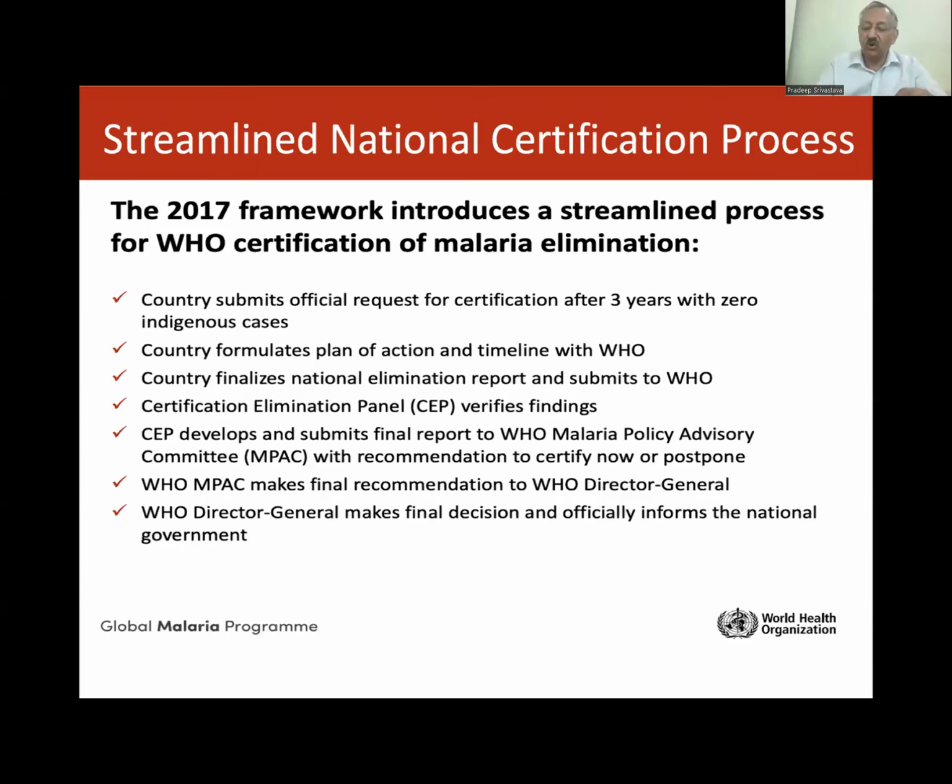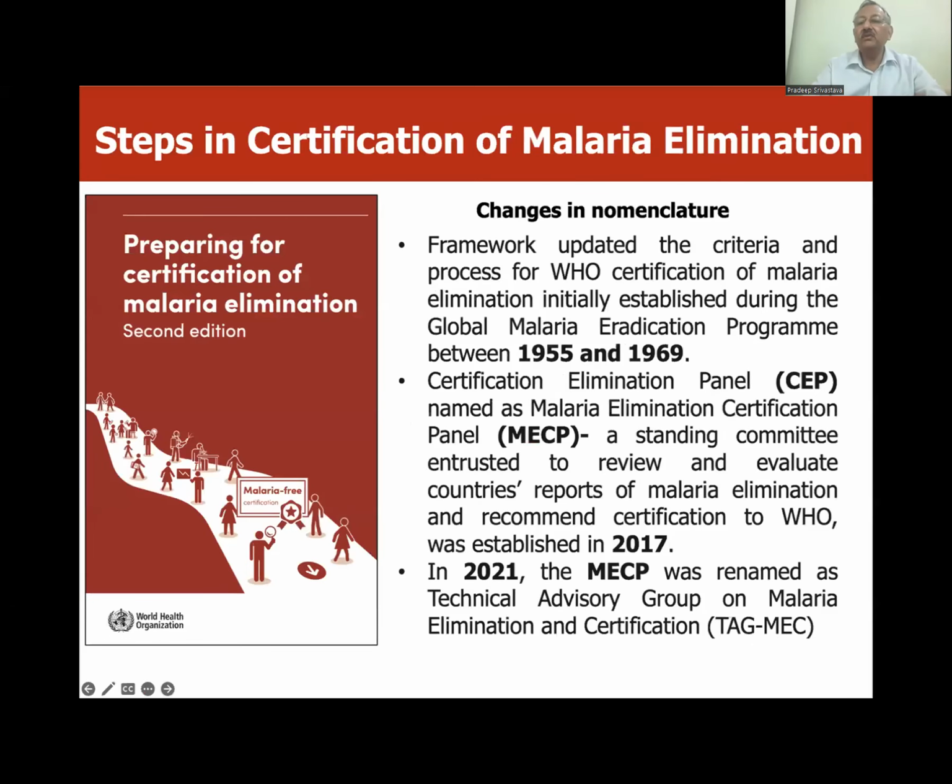But looking at this chart, you see there was some nomenclature changed in 2022, in this document, second edition. The framework which was updated was based on 1955 and 1969 malaria program data.